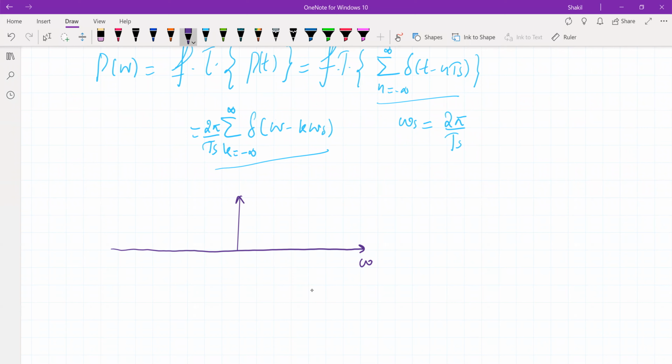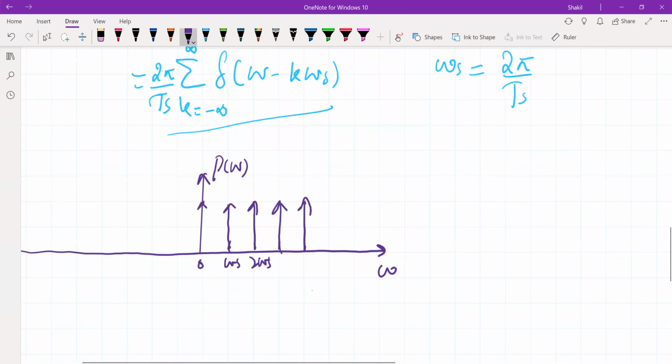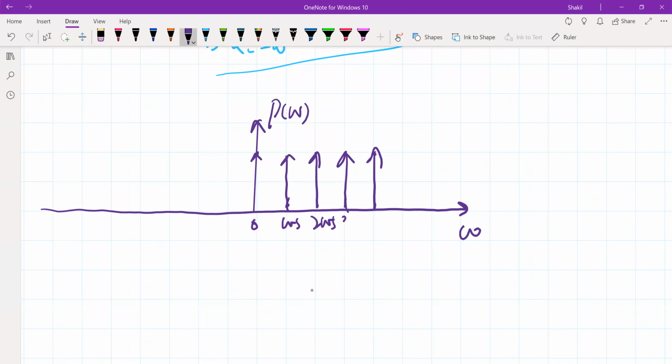So this is phi of omega, and P of omega in the frequency domain is again an impulse train. This is 0, this is omega s, this is twice omega s, and this is 3 omega s. And in the same way you have an impulse at minus omega s, minus twice omega s, and so on.